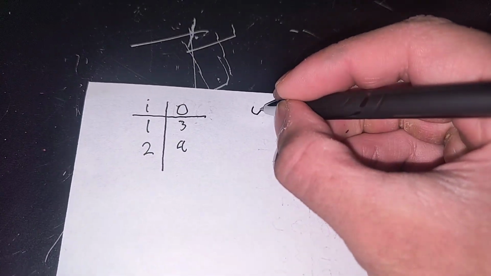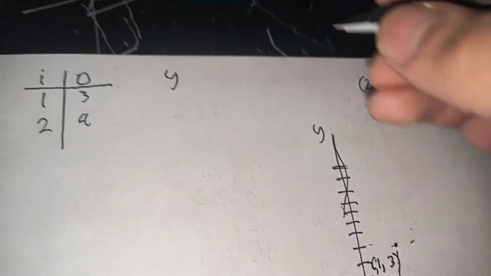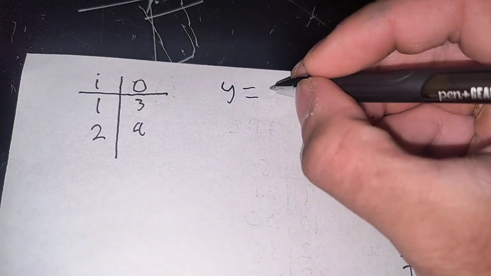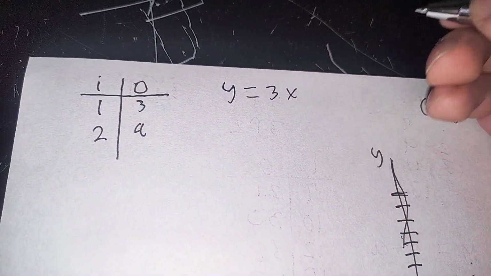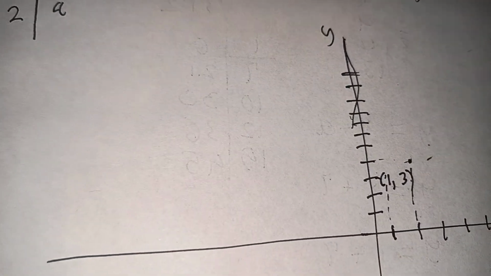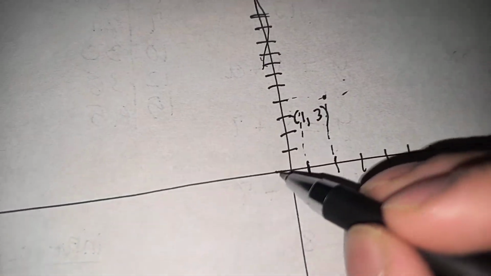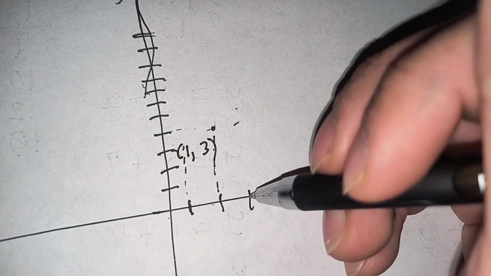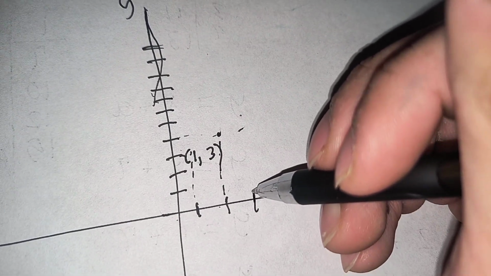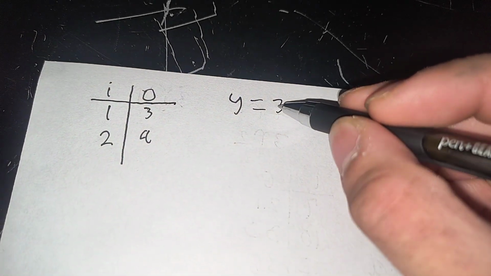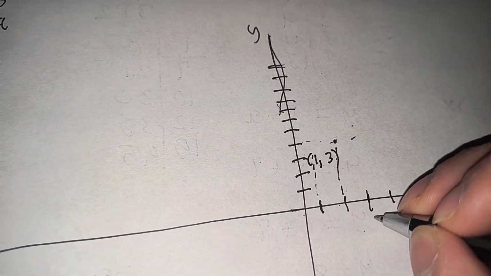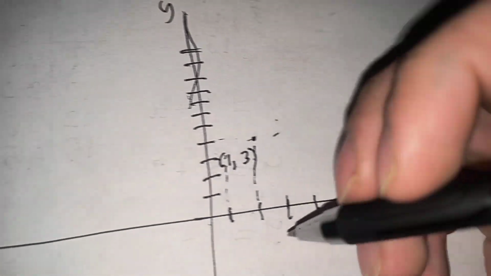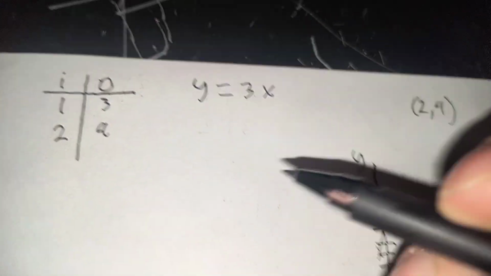If I were to say y, like the y-axis, is equal to 3x. If I were to go to x = 3, let's say 1, 2, 3, and I use 3 for x, 3 times 3, because we're at x = 3, that would mean 9. Y would then equal 9.